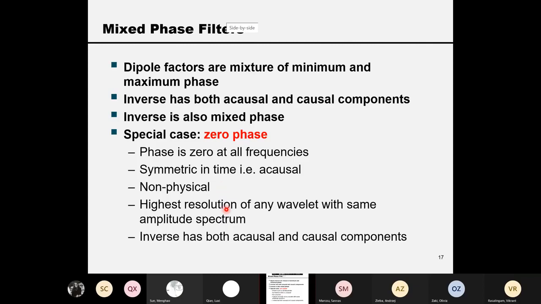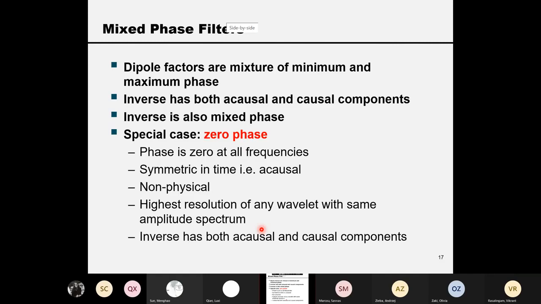However, this filter is also important because it has the highest resolution of any wavelet with the same amplitude spectrum. If we compare minimum and maximum phase, right, this zero phase wavelet has the maximum resolution.